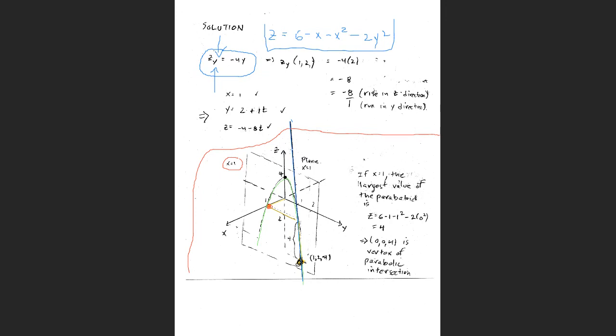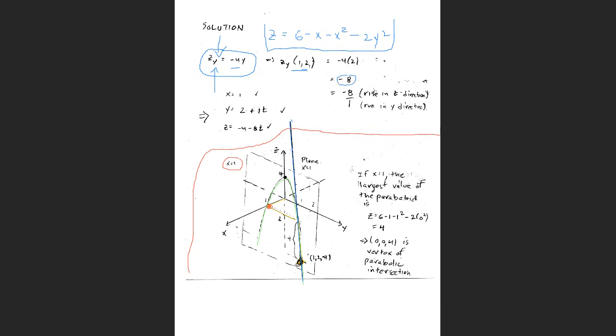So z changes with respect to y. So what I do then is I get the partial derivative of z with respect to y, and then I evaluate that for when x is 1 and y is 2. That's going to get me -8.